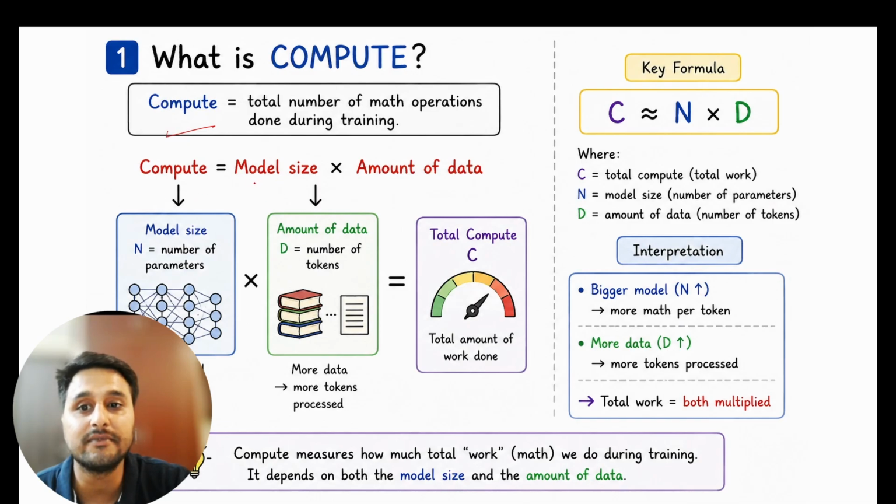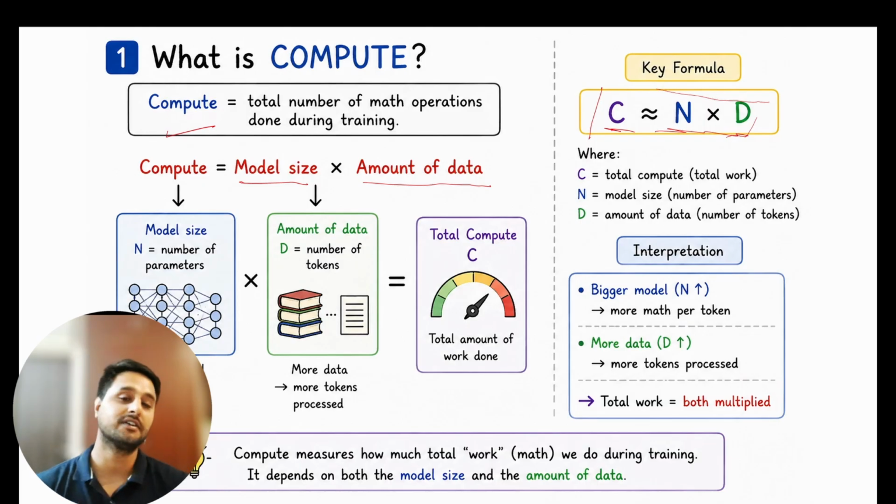And this is the main equation that OpenAI gave in their research paper, the important equation. When researchers train deep language models, what is the thing they are most careful about? It is our compute size.